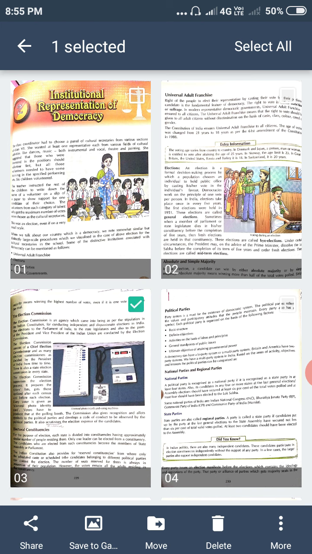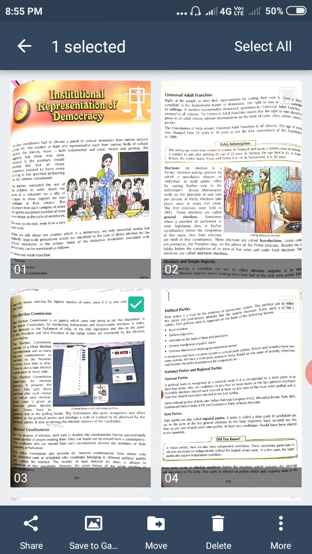In our country, the elections are held on a large scale. Some of the institutions associated with democracy are universal adult franchise, elections, political parties, and coalition government. We will discuss all these institutions one by one.